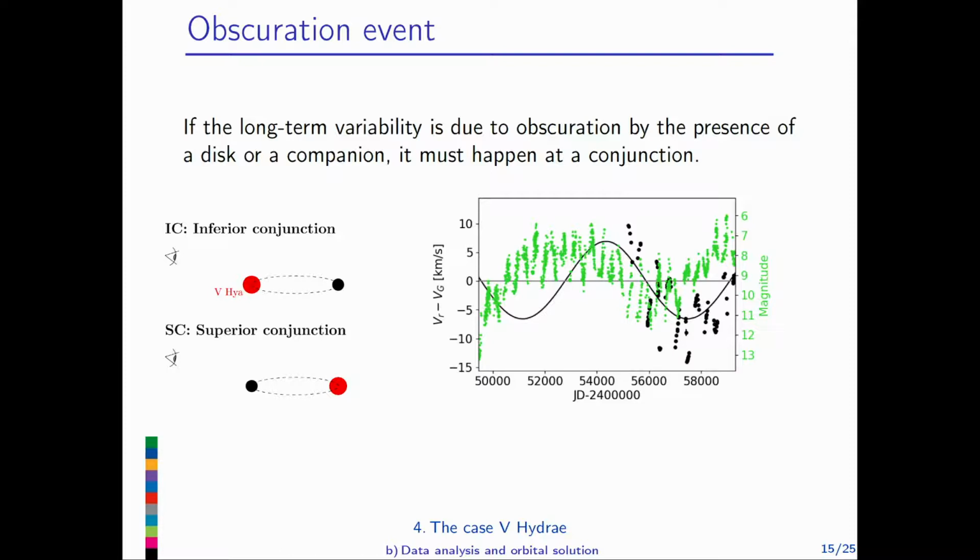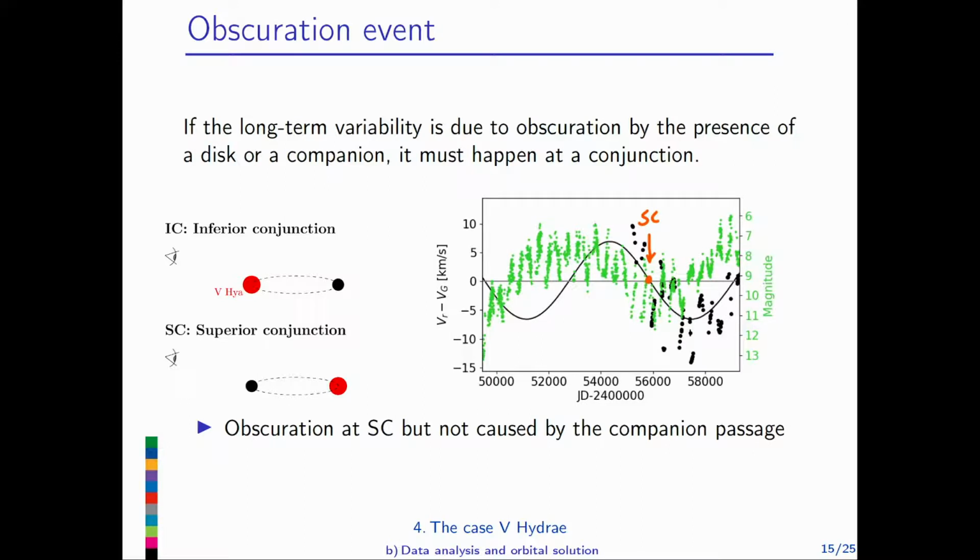And the second situation is called the superior conjunction, so that's the opposite situation, when the stars go from going further to going nearer the observer. Here we can see that we go from red shifted value, so going away, to blue shifted value, so going nearer the observer. So the dimming event that we found in the light curve corresponds to the superior conjunction, so this situation when V Hydrae is behind its companion.